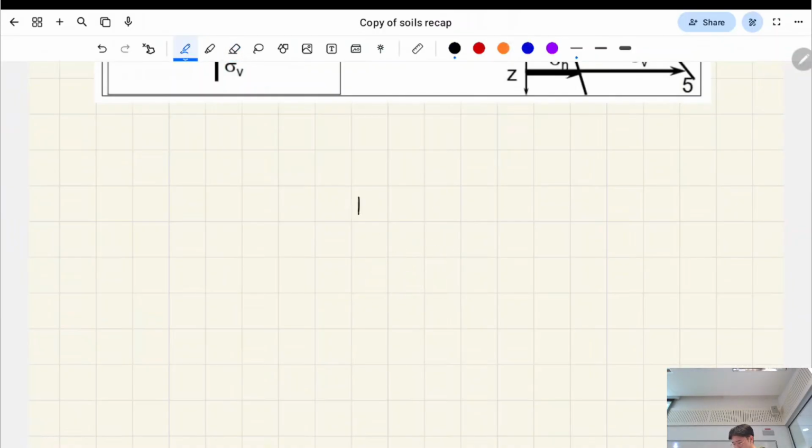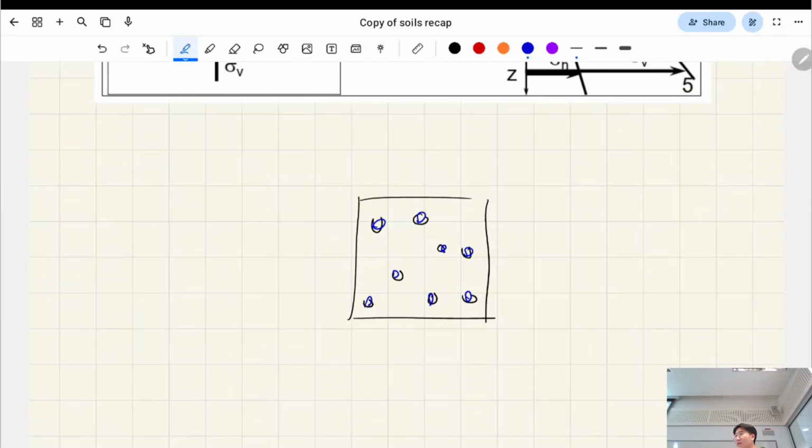So the idea of soil is that it's a porous material. It has all these little voids, some of them full of air, some of them full of water. Pore water pressure is all these pores having pressure from the water. When you start hearing words like excess pore water pressure, it means that the pore water pressure is increasing for whatever reason.